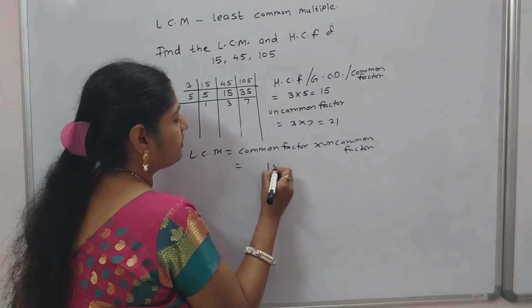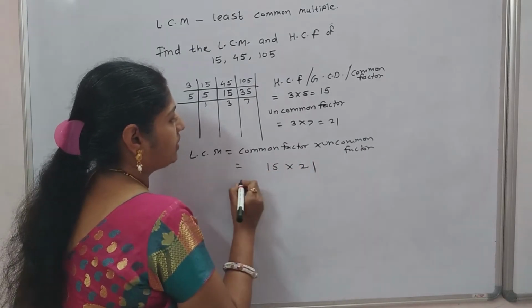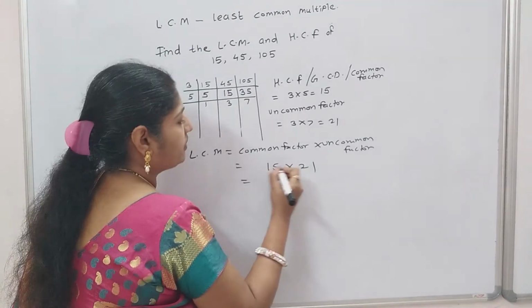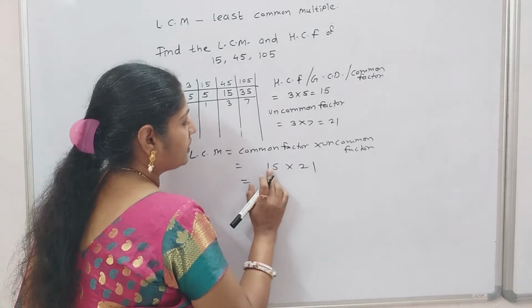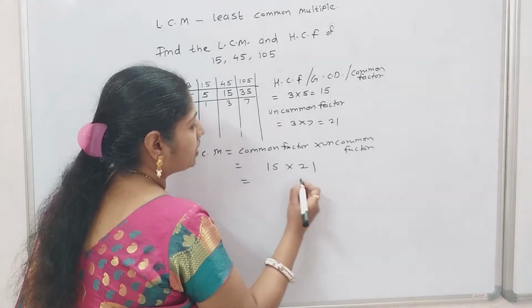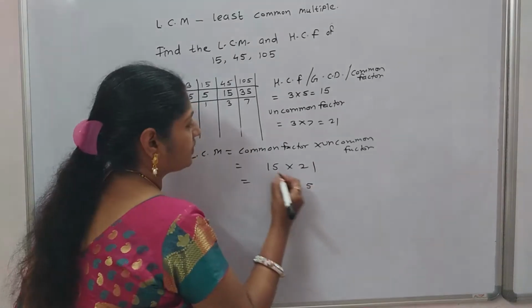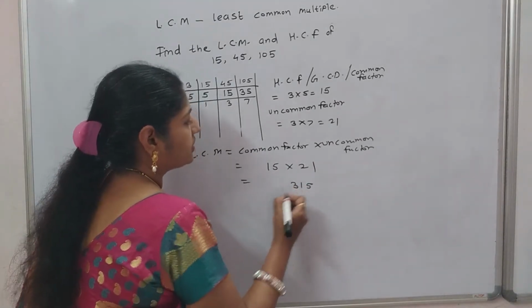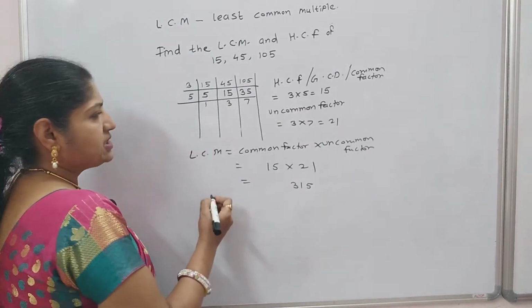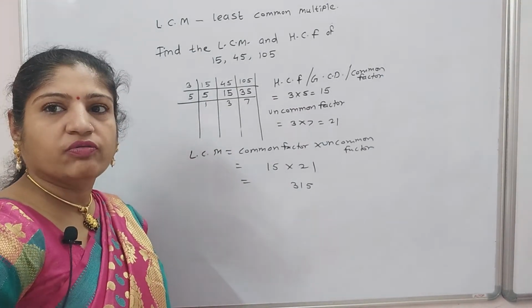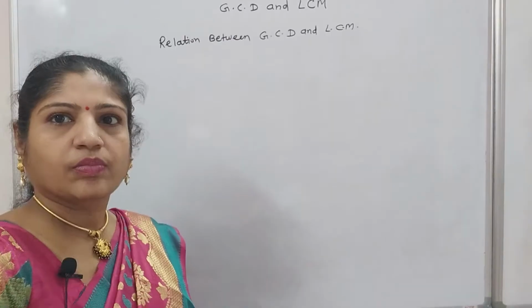Common factor 15, uncommon factor 21, 15 into 21 is 315. So LCM is 315.